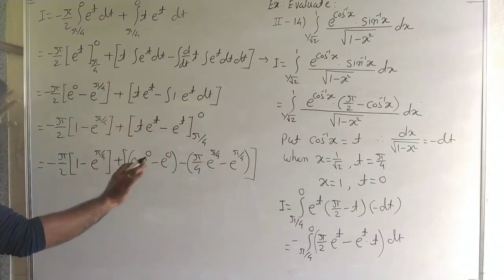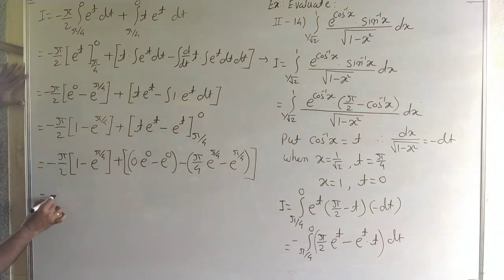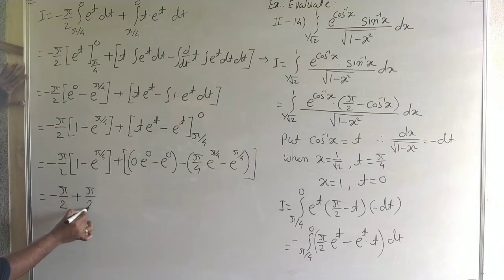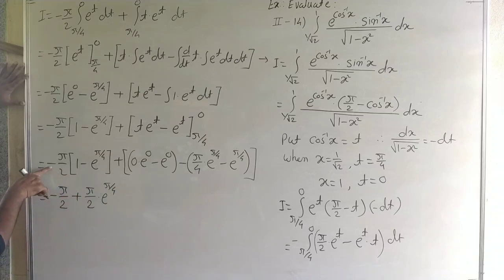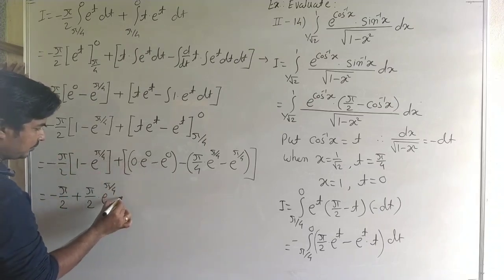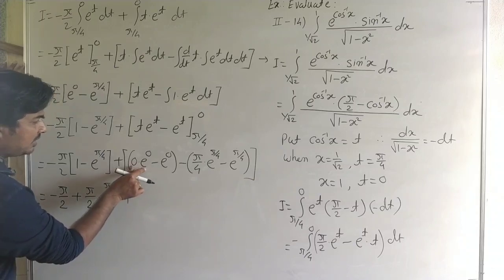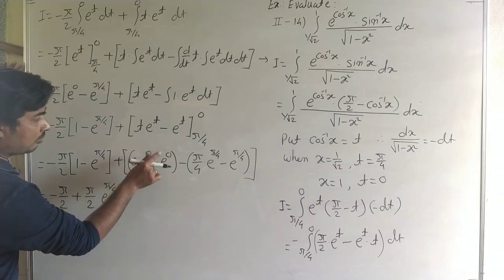Now we calculate only. Here it is minus pi by 2, see carefully, minus pi by 2 plus pi by 2 into e to the power pi by 4. Here minus, and it is minus plus. Now here plus, it is 0 but it is minus 1.